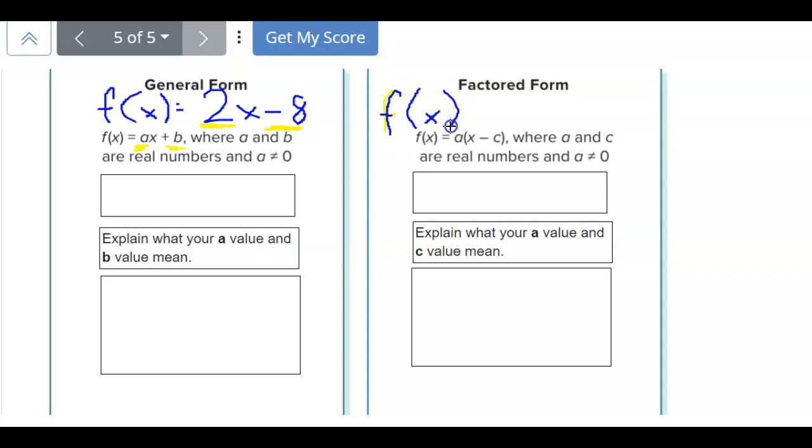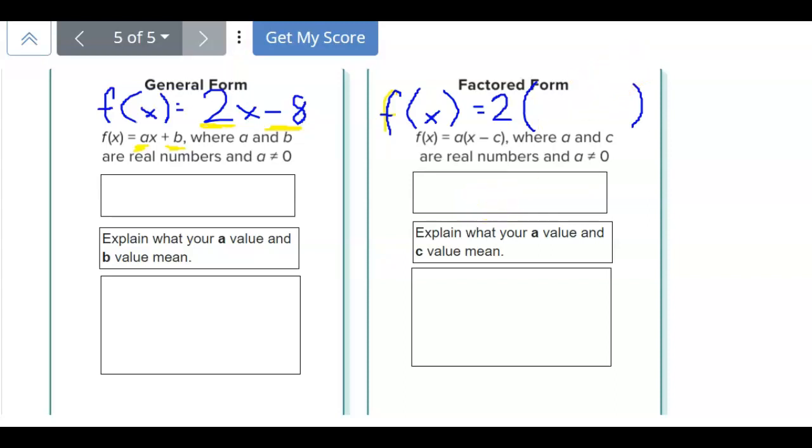So instead of writing 2x minus 8 here, you're going to divide out a 2. And then you decide what is going to go in here. If you divide 2x by 2, what's left here? And if you divide negative 8 by 2, what's left here? So you make that decision and then write it here.